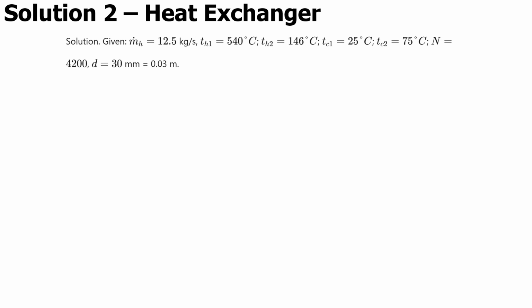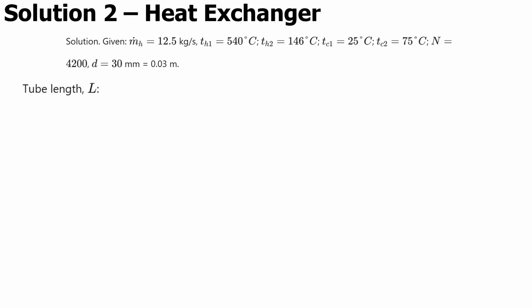For the cold fluid, the inlet temperature, T_C1, is 25 degrees Celsius, and its outlet temperature, T_C2, is 75 degrees Celsius. The number of tubes, N, is 4,200, and the diameter of each tube, D, is 30 millimeters. Our goal is to find the tube length, L.